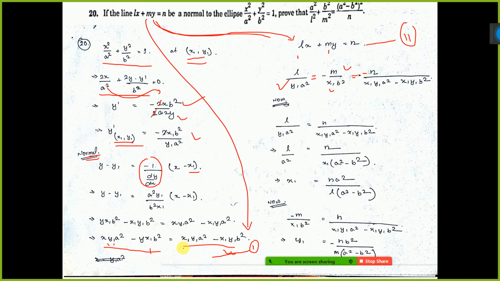By this one also minus this one. So minus minus cancel, that is why minus is not given. See this constant term, and here the constant term is n. So it will be n by this. Now one is this equal to this, another is this equal to this. So from here you are getting the value of x1, and from there you are getting the value of y1.